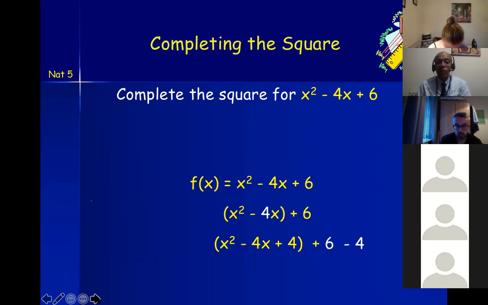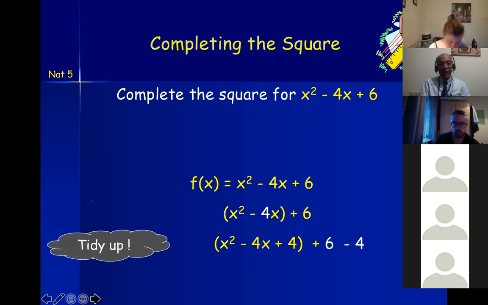And now x squared minus 4x plus 4: two numbers that you times together give you 4, and you add them to give you negative 4. It's negative 2 and negative 2. Remember, this is a negative 4 here. So it's going to be (x minus 2) squared.